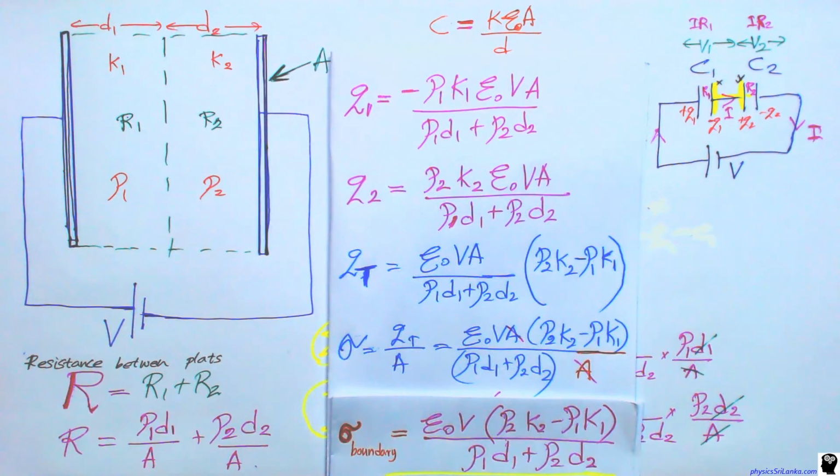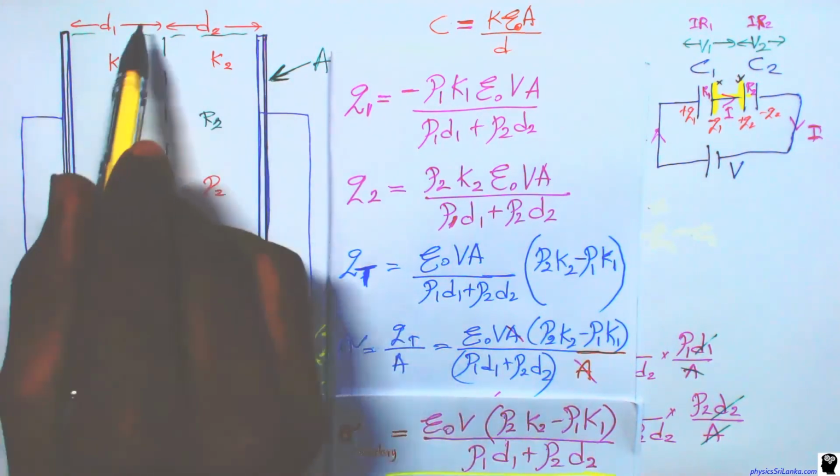This is the final result of this problem, the extraneous charge at the boundary of the two dielectrics in this situation.